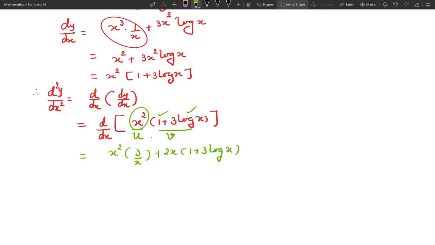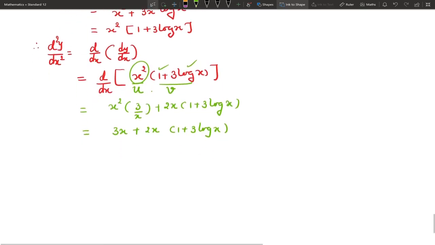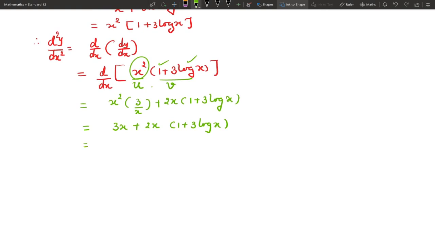Now simplification, x square upon x, x, so this is 3x plus 2x into 1 plus 3 log x, or we can take x common, or we simplify.